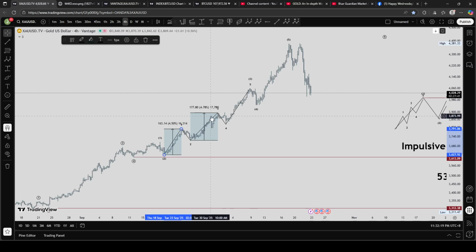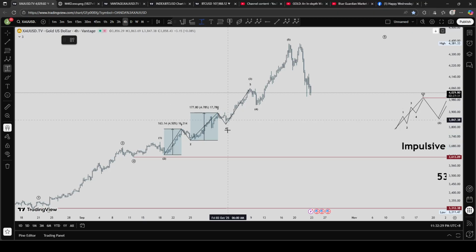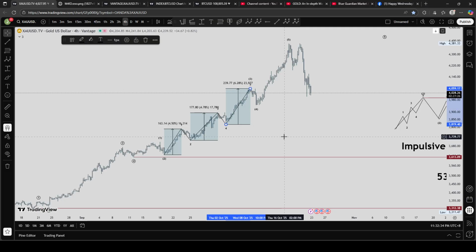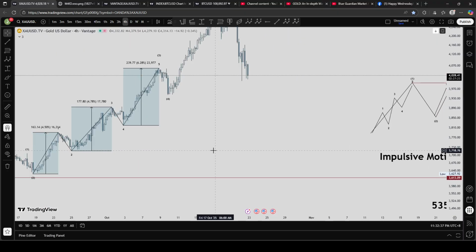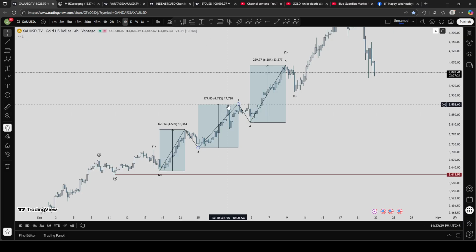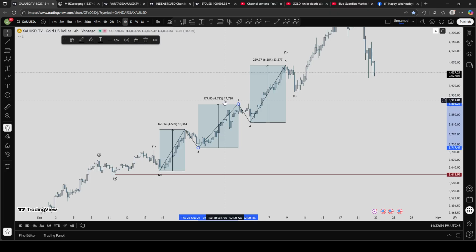As of now, wave 3 is not the shortest among the first wave and the third wave. And let's illustrate the measurement of wave 5 too. By simply looking at these measurements, wave 3 is not the shortest. So we have satisfied the first rule, which is wave 2 should not go beyond the territory of wave 0. The second cardinal rule is that wave 3 must not be the shortest.